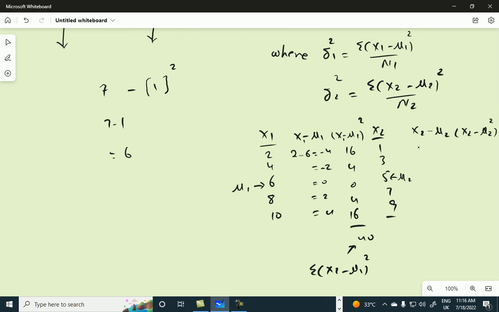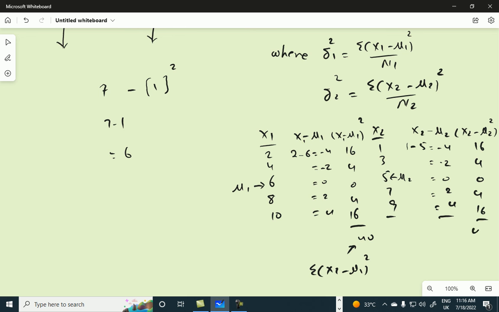Similarly, 1 minus 5 is equal to minus 4, minus 2, 0, 2 and 4. And if you square these values, this is equal to 16, 4, 0, 4, 16.